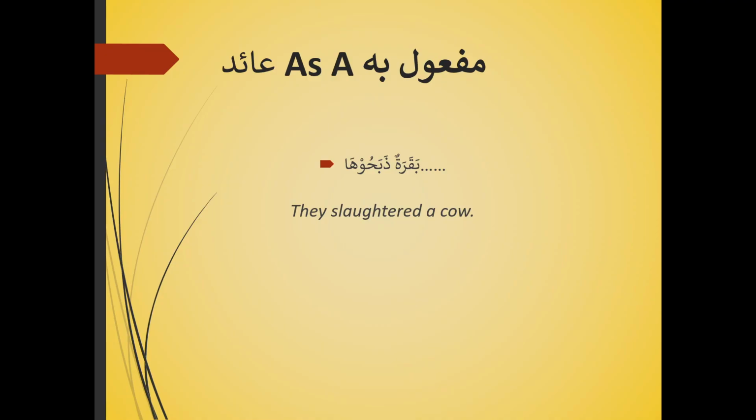Oh, you mean as in a normal phrase? That means you want to say "the slaughtered cow". That's right. Yes, it would be like that. We won't have the fi'il and fa'il in it. A slaughtered cow.